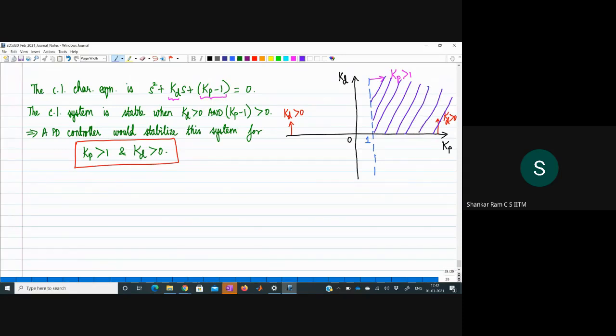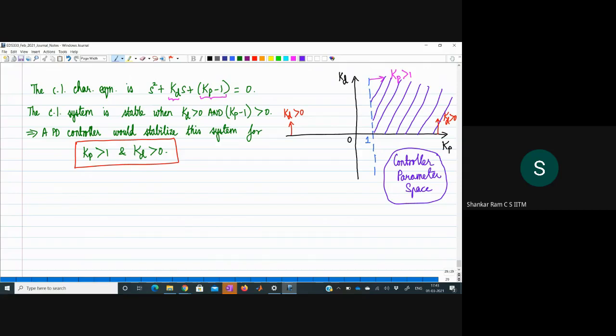As we discussed, this is the controller parameter space. If someone asks you to draw the controller parameter space, this is what they're expecting when you design the closed loop system. So this is the controller parameter space for this particular problem. All right. Any questions?